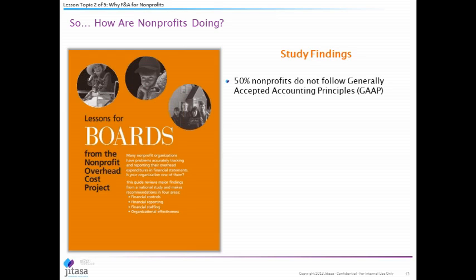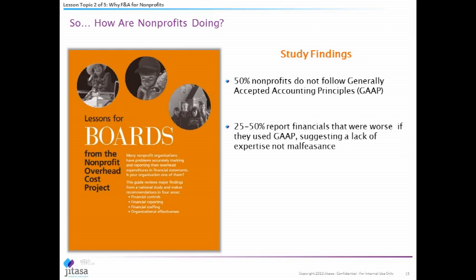They found, first of all, that 50% of nonprofits do not follow GAAP procedures, processes, principles and standards. And what's interesting is that 25 to 50% of the nonprofits they looked at reported financials that were worse if they did use GAAP, right? What that suggests is a lack of expertise and not intentional wrongdoing or malfeasance.